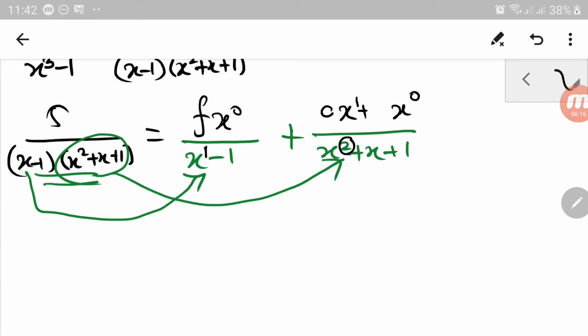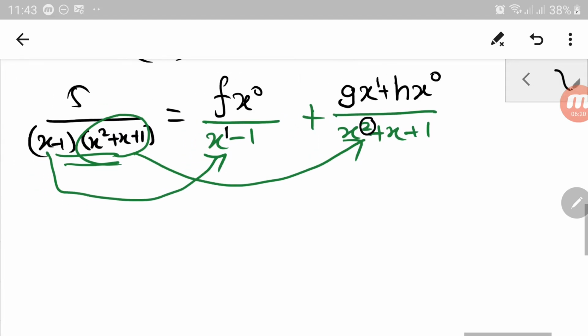We don't know the coefficients, so we just put G and H. This is the partial fraction that we want to find. So from here, we know we have to find F, G, and H.